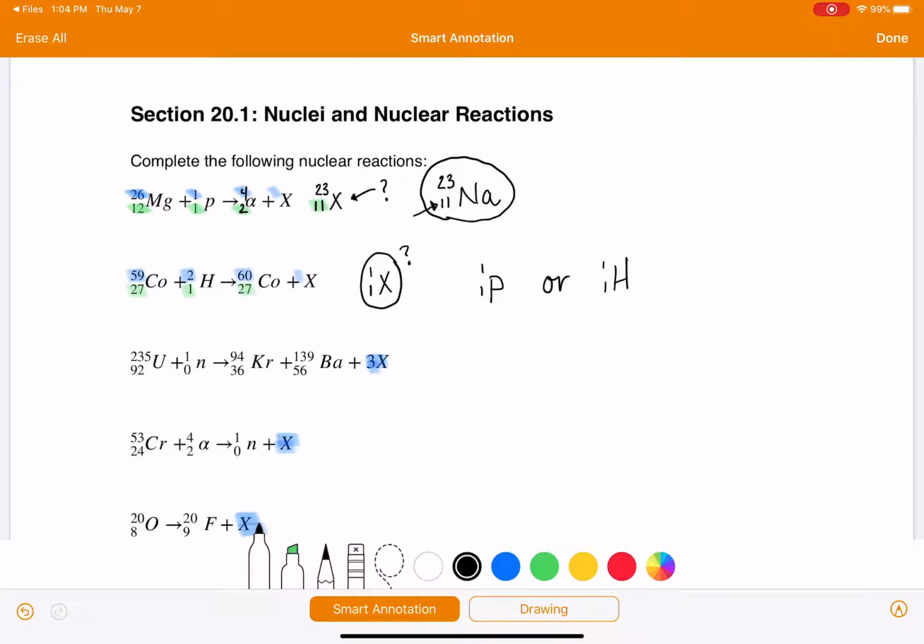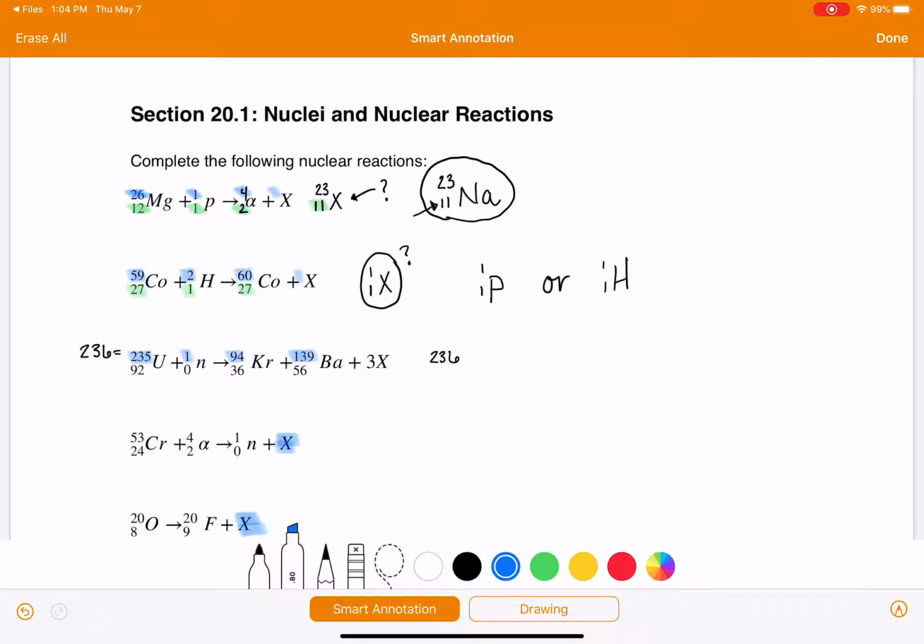The next one is a little bit trickier because we have a stoichiometric coefficient in front of our X, but that's okay. We can still figure it out. So first thing we want to do is add up our mass numbers. We have 235 plus 1. That's a total of 236 on the left-hand side. So on the right-hand side, we also need to have a total of 236. We have 94 and 139.